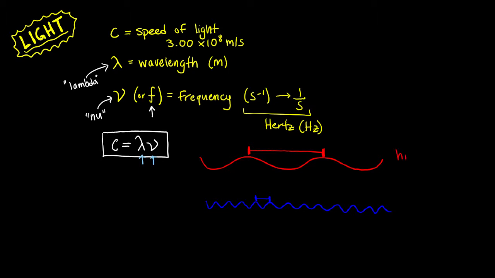Qualitatively, a high or a long wavelength corresponds to a low frequency, and a low or a small wavelength corresponds to a high frequency. And that is evident in the equation.